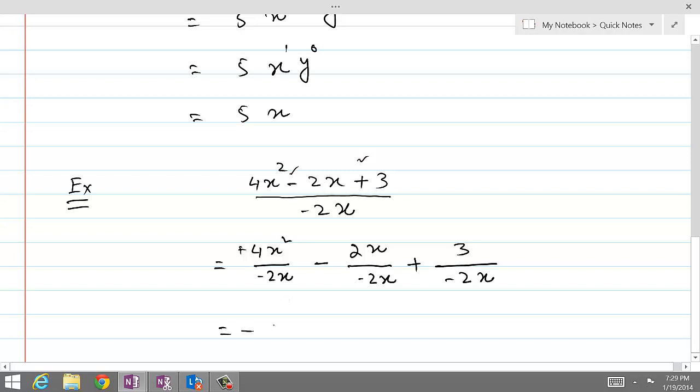4 divided by 2, answer is 2. x squared divided by x power 1, that's x power 2 minus 1. And negative divided by negative, the answer is positive, because 2 similar signs divide, answer is always positive. And 2 divided by 2, answer is 1.